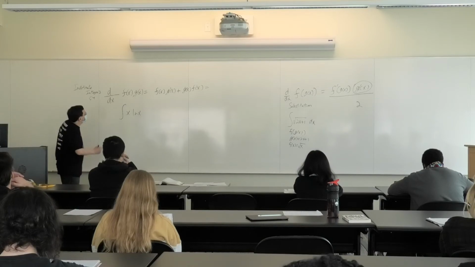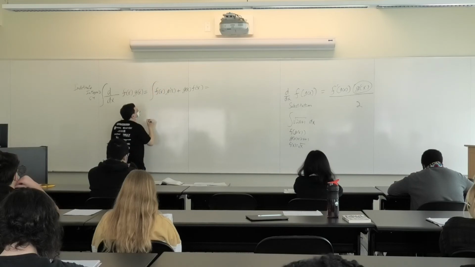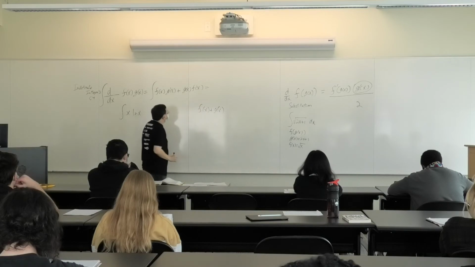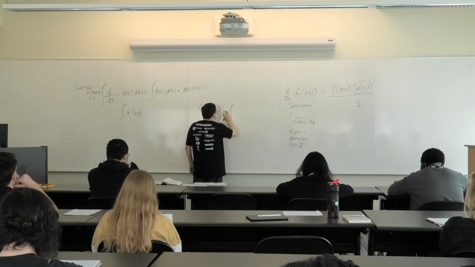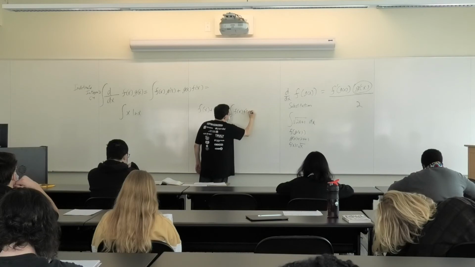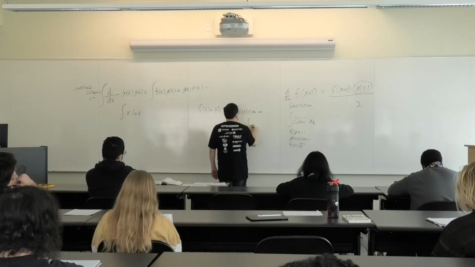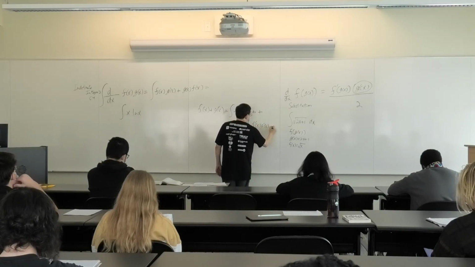How? Well, if I take the integral of both sides, over here I'm just going to get f of x times g of x. Here I'm going to get the integral of f of x g prime of x plus the integral of f prime of x g of x.